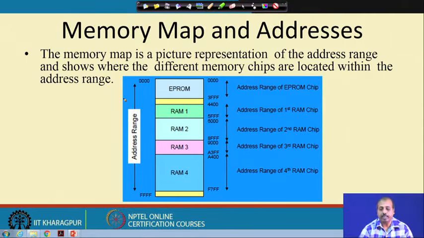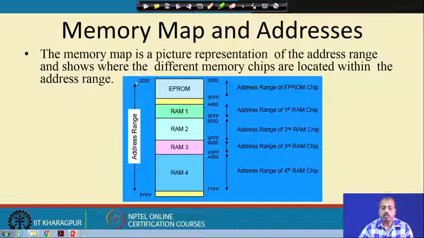Now, depending upon the structure of the chips that we are connecting, we can have different types of connection. For example, you may say that this is the total address range of the microprocessor. Here I have addresses running from 0000 to FFFF. This is true if the microprocessor has 16 bit address lines, because FFFF means all 16 bits are ones.